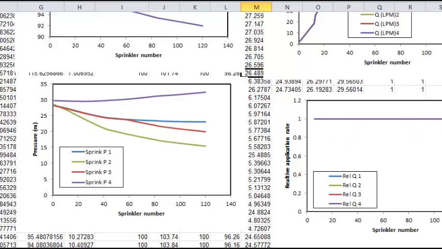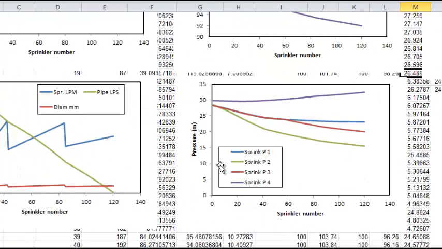That's the result of using that. But we can look and see that the required pressure at the beginning, to go uphill, is around 30.